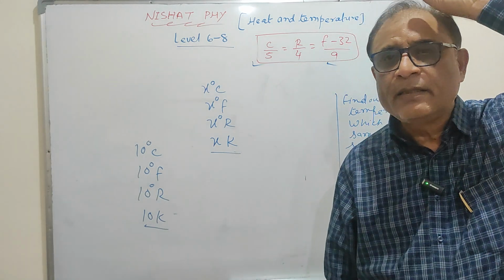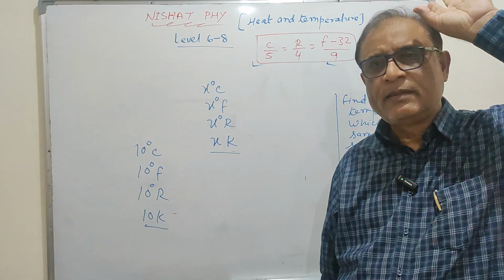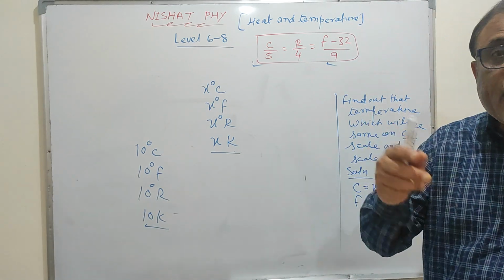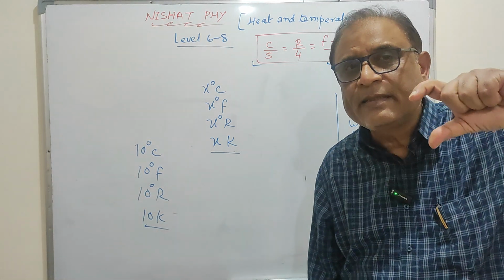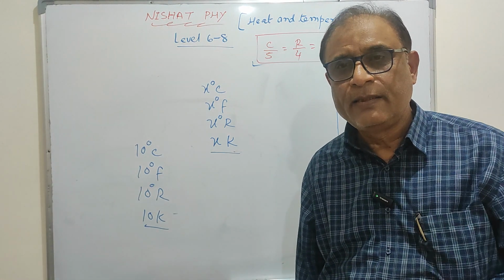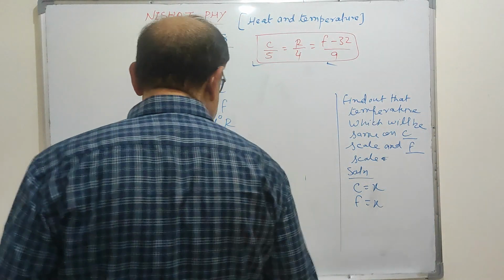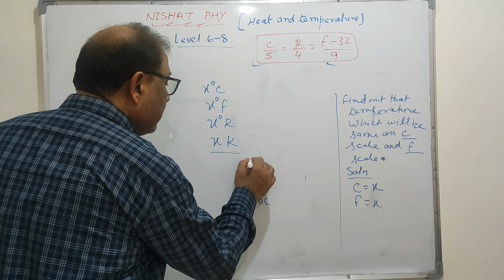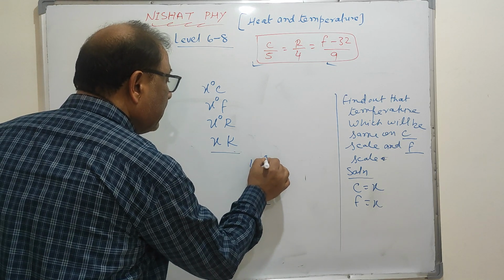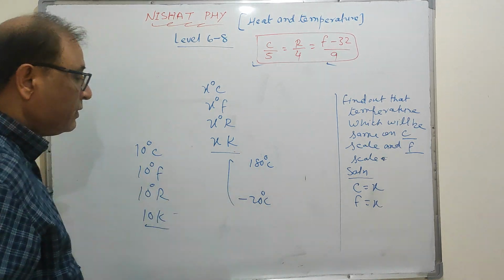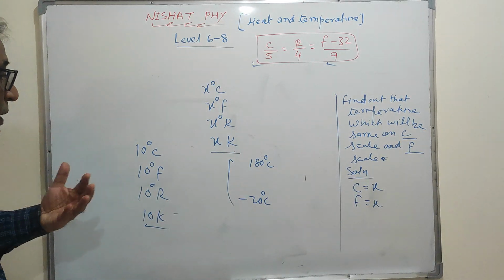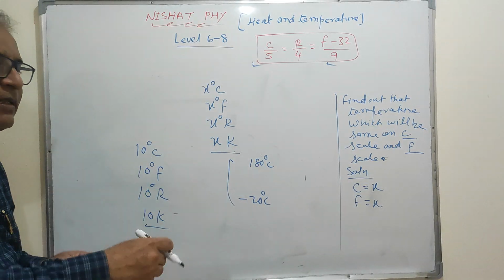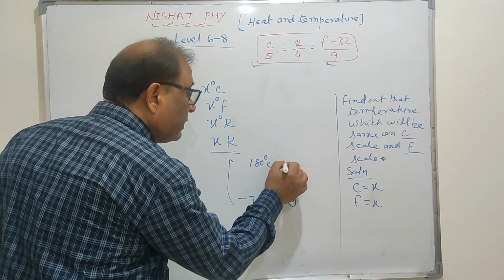Suppose that there is a planet in another galaxy, there is life there, and at that place there is a liquid that freezes at minus 20 degrees C and boils at 180 degrees C. So at that place they say this is the 0 and this is the 100.